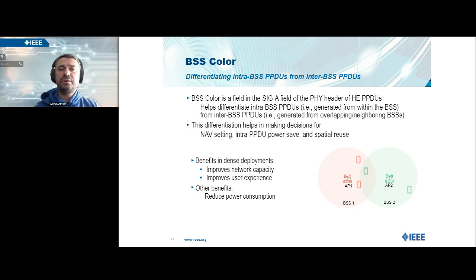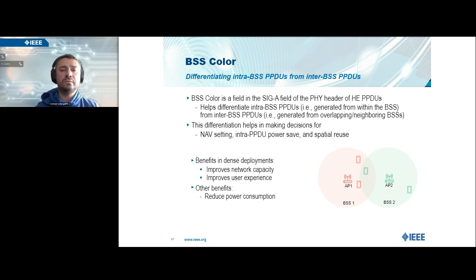So spatial reuse, we discussed it yesterday from a PHY perspective. Today we'll go a little bit on its uses for NAV setting and intra-PPDU power save, so completing the picture for this particular functionality. It has several benefits, especially in dense deployments, because it improves network capacity and the user experience that is due to spatial reuse.